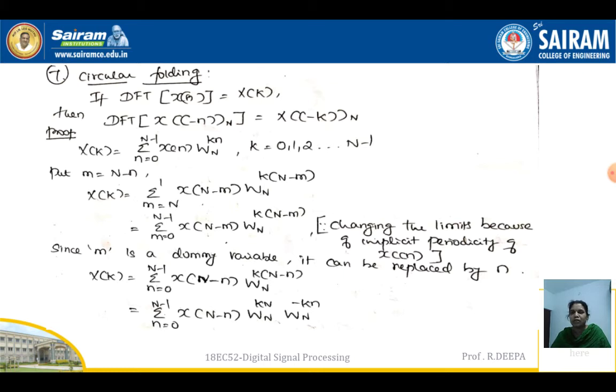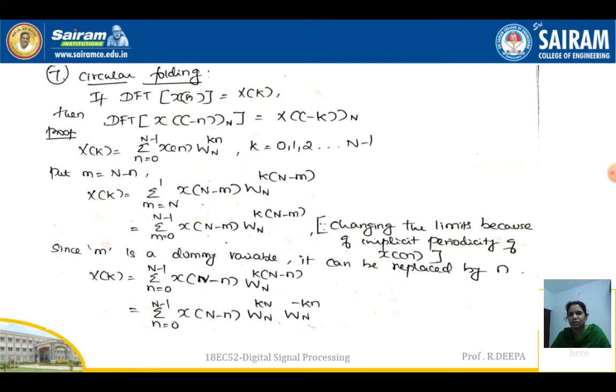Here I am going to introduce an index m, which is taken as capital N minus n. So from this we can write small n is equal to N minus m. Wherever small n is there, I am going to replace it with N minus m.